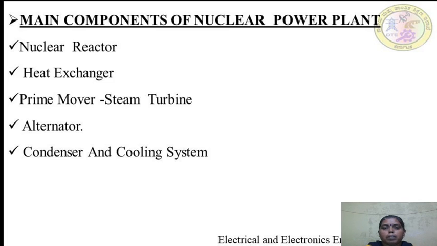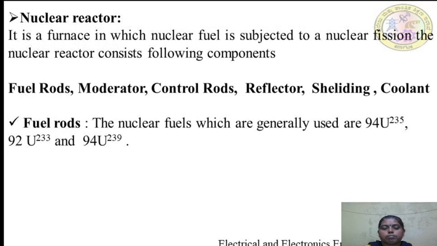The next is the main components of a nuclear power plant: the nuclear reactor, heat exchanger, prime mover, steam turbine, alternator, condenser and cooling system. Next, we will see the function of each one by one. We will discuss the functions of each component.